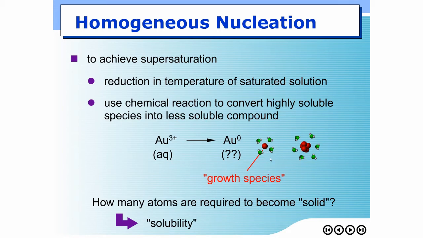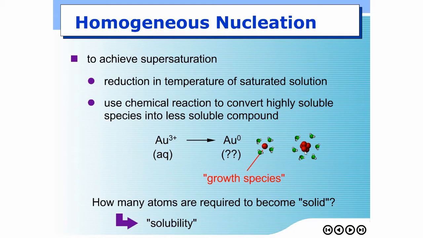If several growth species come together to form a larger cluster, and the number of atoms within this cluster exceeds solubility, then this cluster would be called solid. And the smallest number of atoms in this cluster that requires them to form a solid, at this particular moment, conversion from growth species into solid occurs.